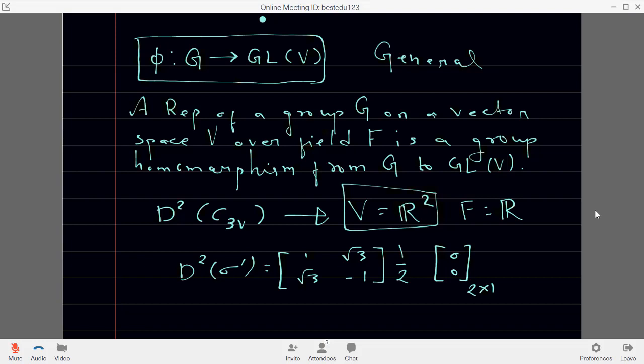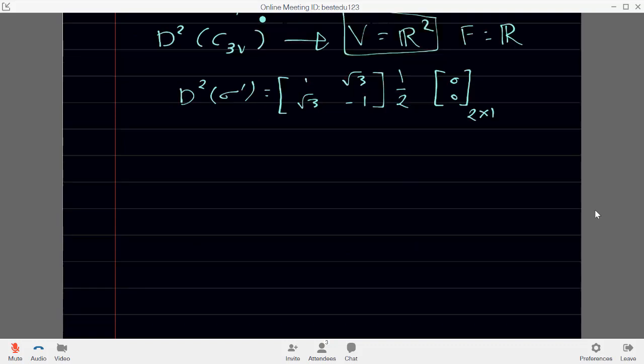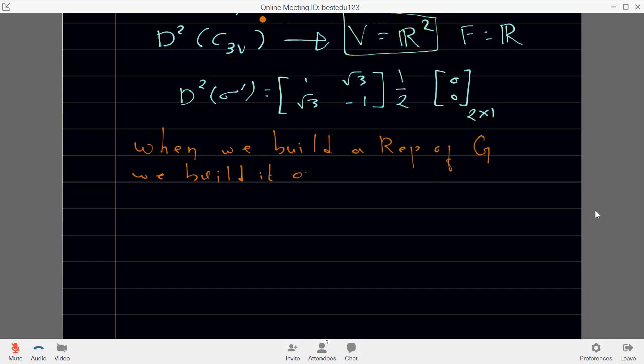Whenever, just remember, when we build a representation of group elements G, we build it over a vector space.